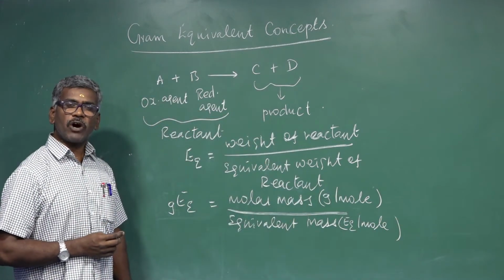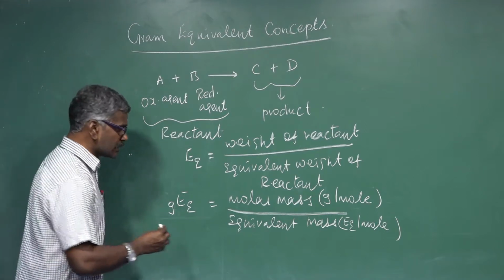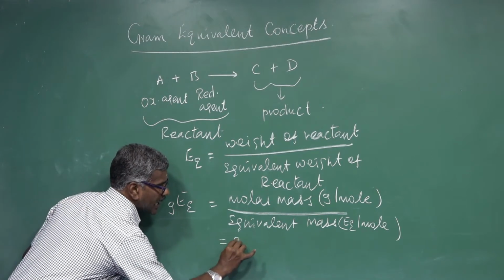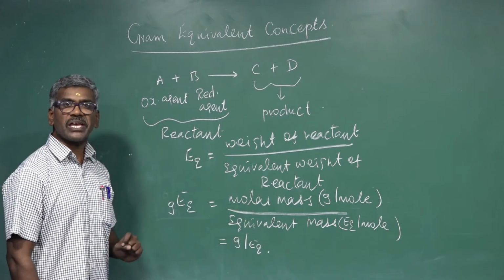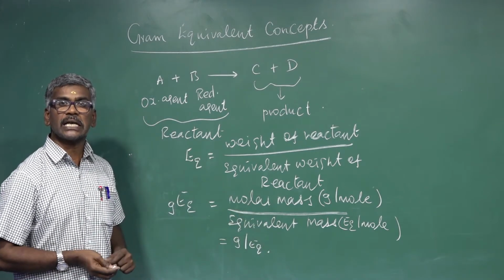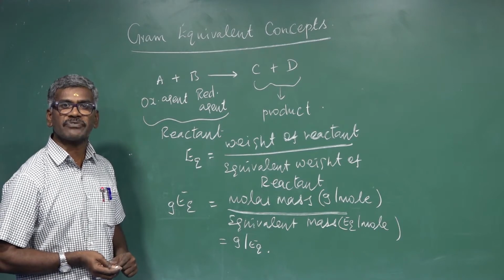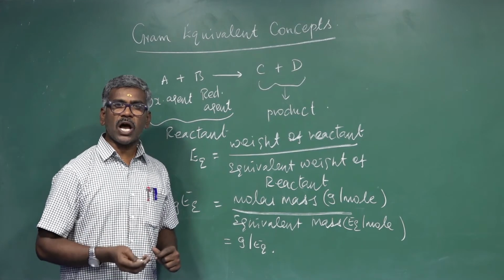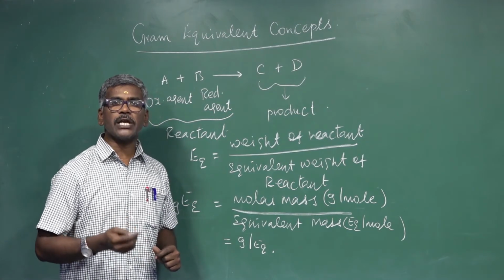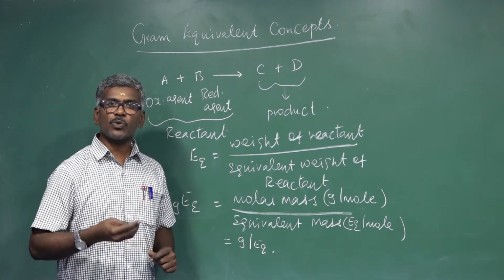So the unit for gram equivalent mass is nothing but gram per equivalent. By using this equation, we can find the gram equivalent mass of substances like acid, base, salt, oxidizing agent and reducing agent. We have to discuss one by one.